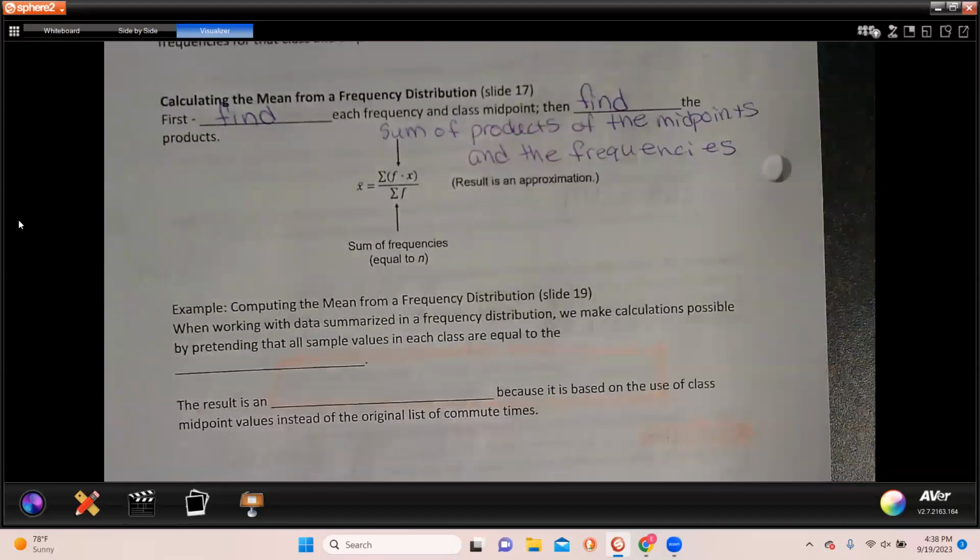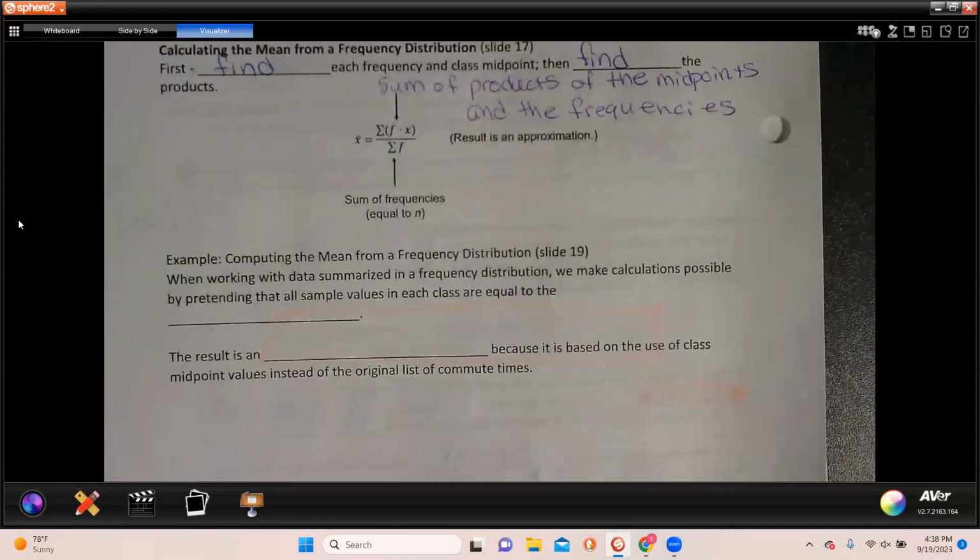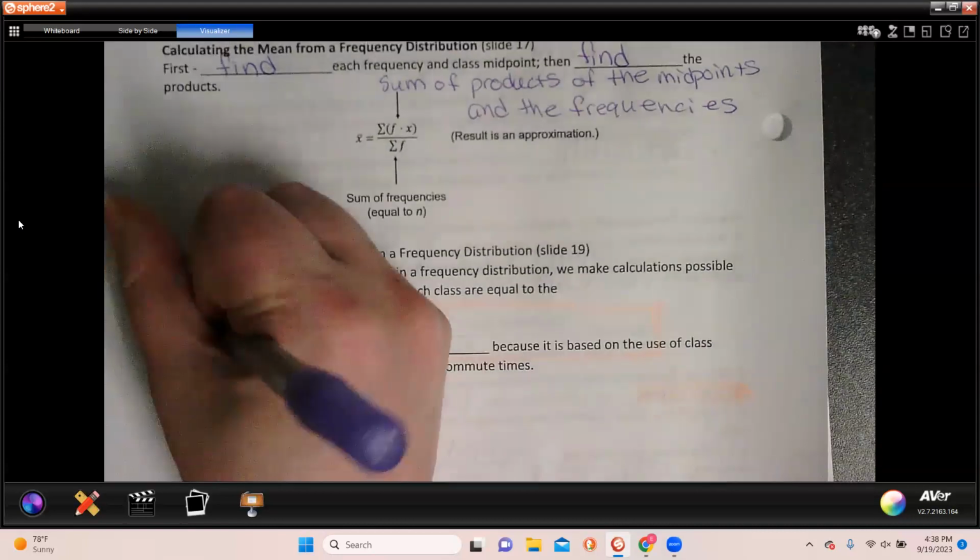Class midpoints come from the classes. An example is computing the mean for a frequency distribution. When working with data summarized in a frequency distribution, we make calculations possible by pretending that all the sample values in each class are equal to the midpoint.